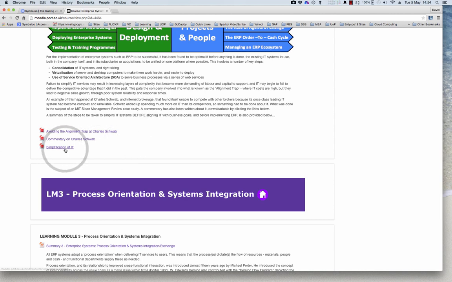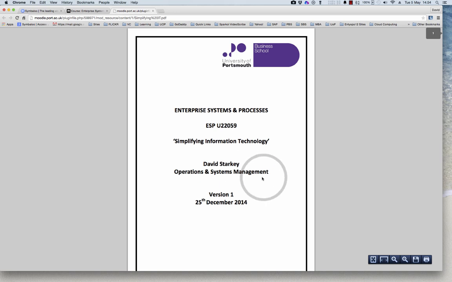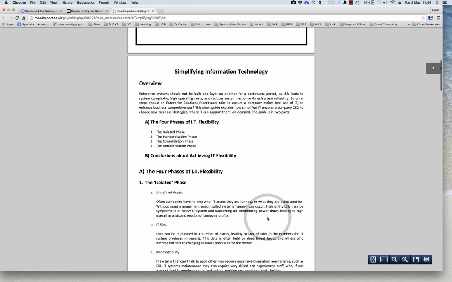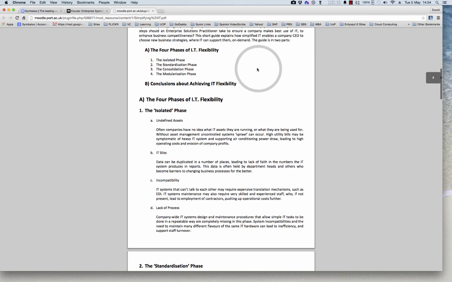So if you were to click on that, which I've just done, and hopefully there we go. You'll be able to bring up this document, and this goes through the 4 phases of IT flexibility. So if you were an IT manager, this is what you would do as a director. You would go through the different phases.